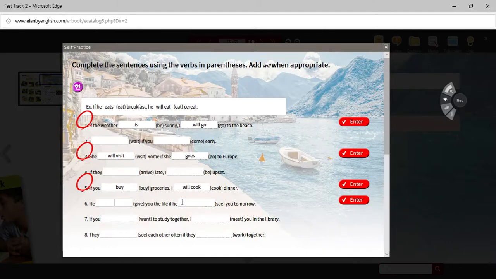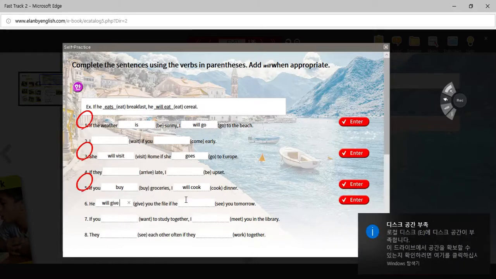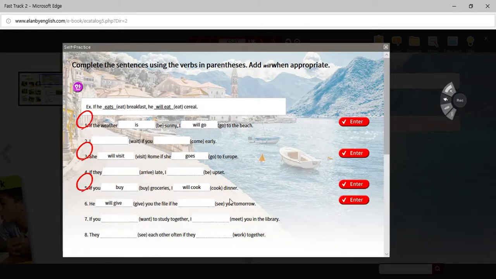Number 6, he will give you the file if he sees you tomorrow. If he sees you tomorrow, he will give you the file. If he doesn't see you, he can't give you the file.